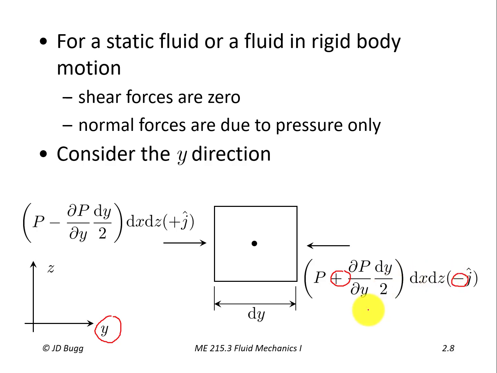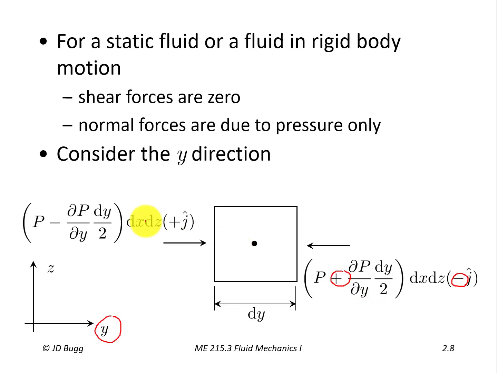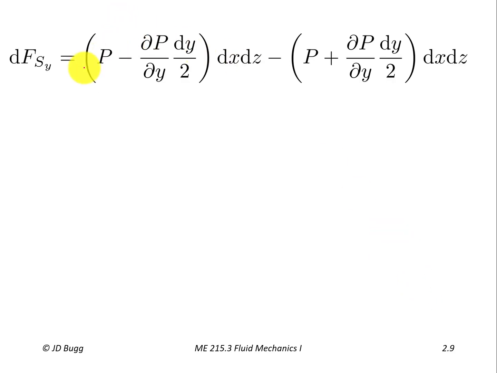Now, this is a detailed look at what's happening in the y direction, but the same thing is happening in the z and the x direction, as we'll see. So bringing together these results, I'm going to add them together. What we have here is our differential force, because we're only talking about a very small element of volume.